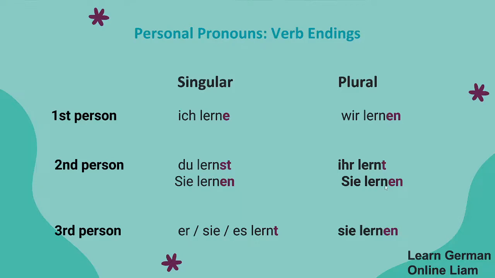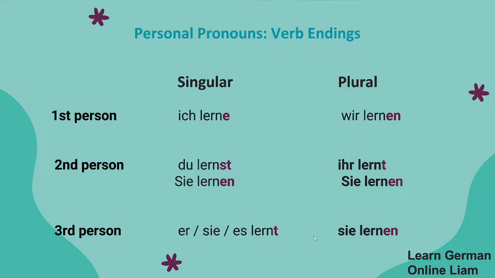So third person: somebody who is not in our room, not here, we are talking about somebody far away. A boy who's sitting in the next street, we are talking about him, then er lernt Deutsch. Sie lernt Deutsch. Es lernt Deutsch.